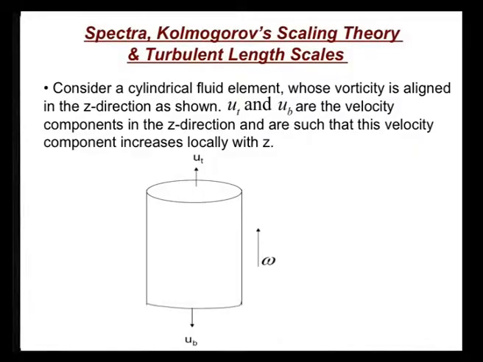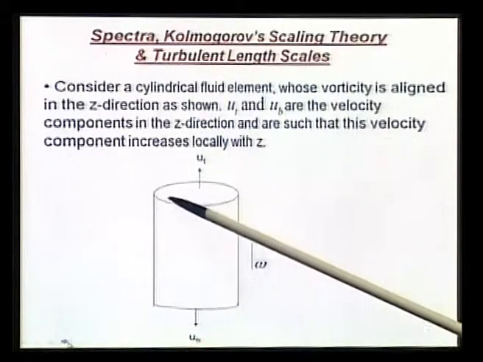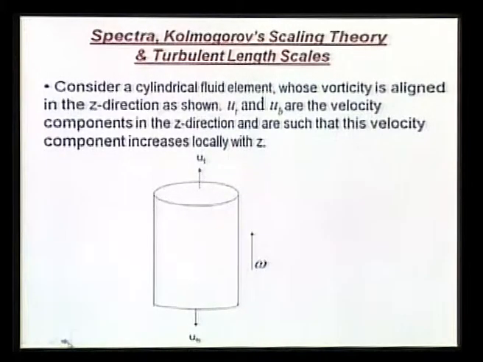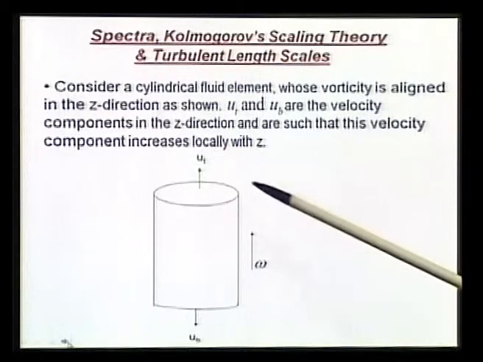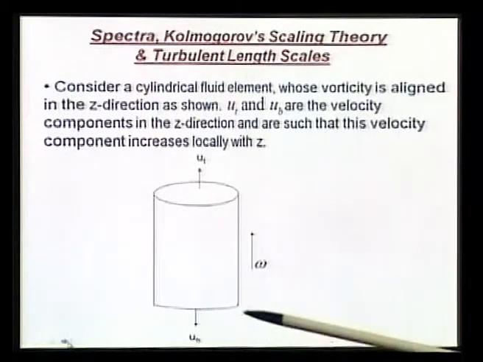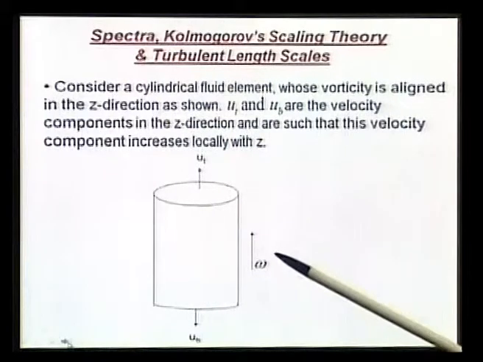I was explaining this yesterday by considering a special case where we identify a fluid element of cylindrical topology with the vorticity predominantly in the z direction, and we look at the velocity of the two ends given by u top and u bottom. So, if it is stretched, what is the consequence that we wanted to figure out.